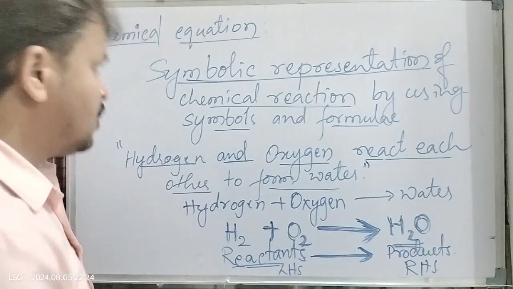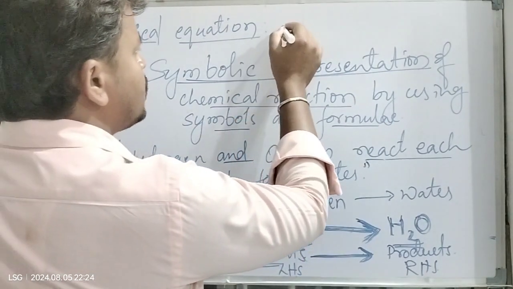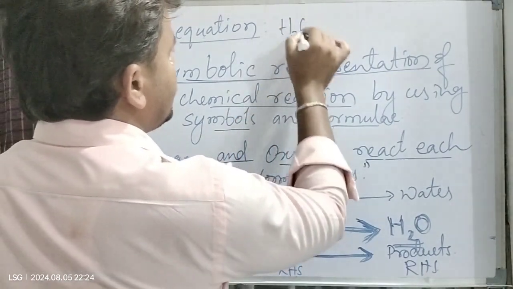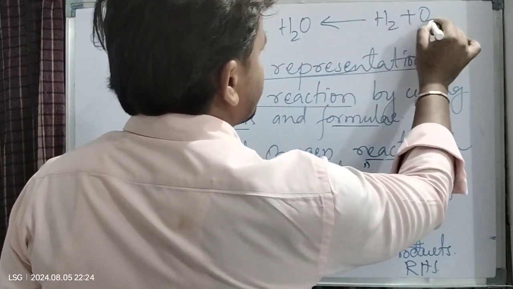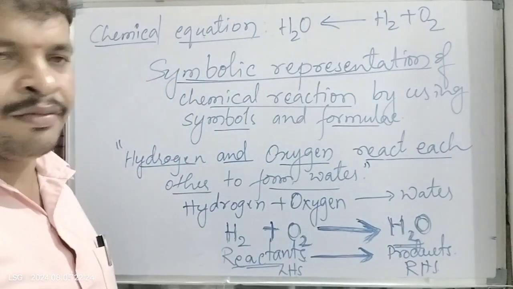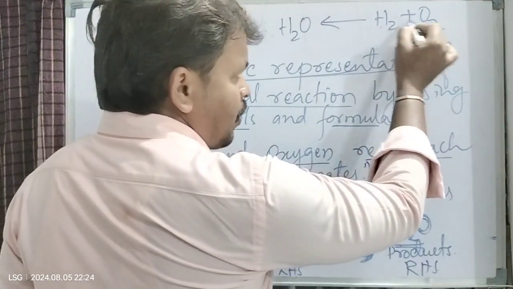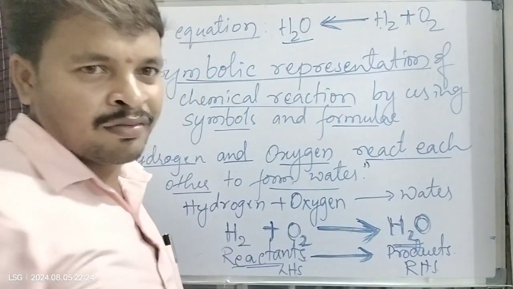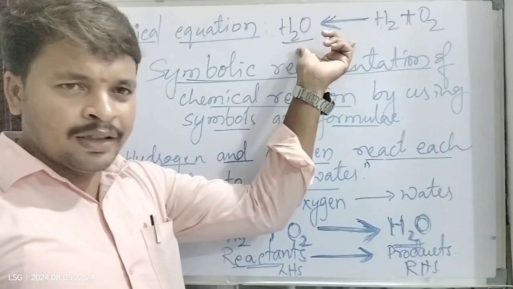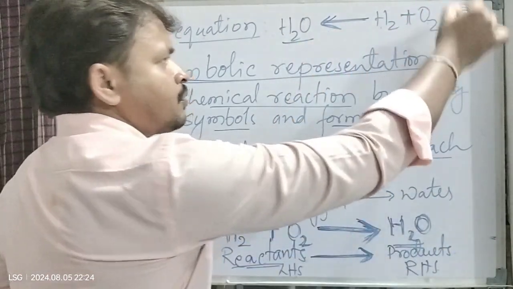One more thing, some students ask, sir, can we write the reaction like this? Hydrogen and oxygen are reacting with each other to give water; it can be written like this. It is the wrong method.